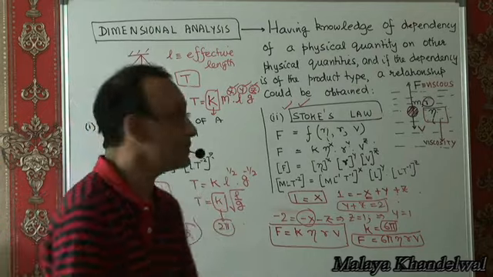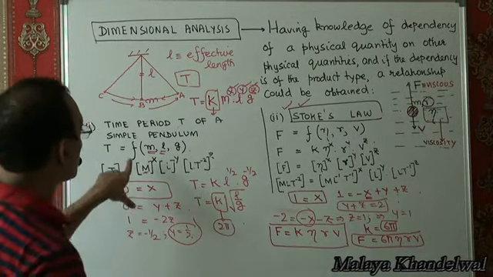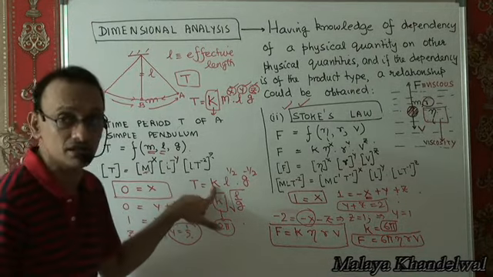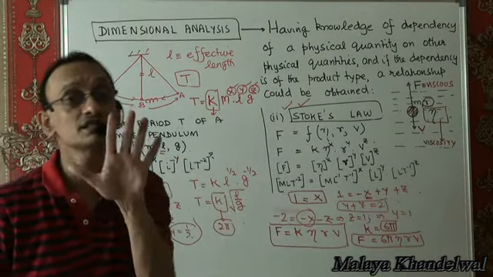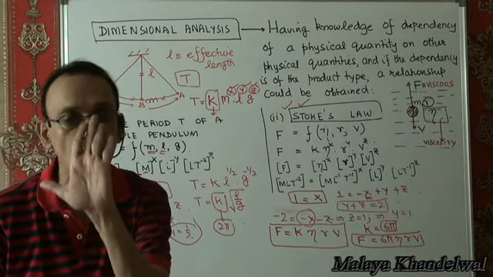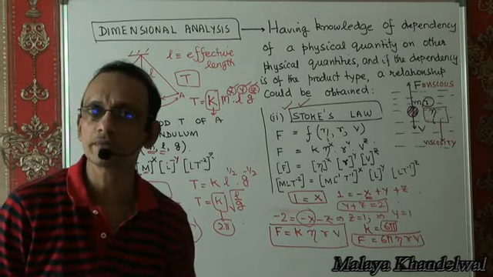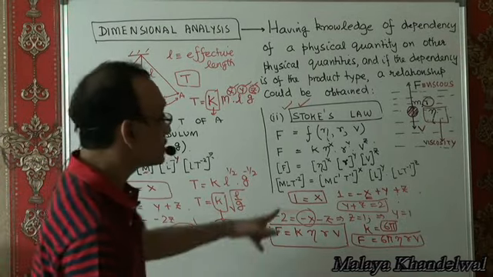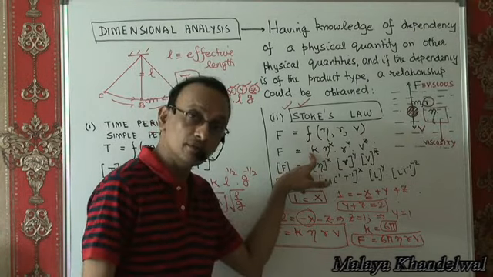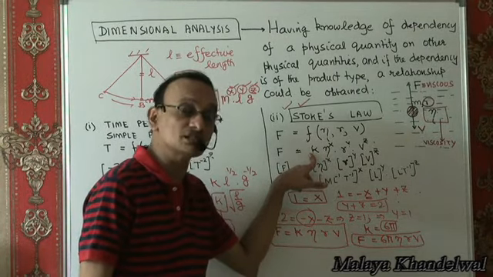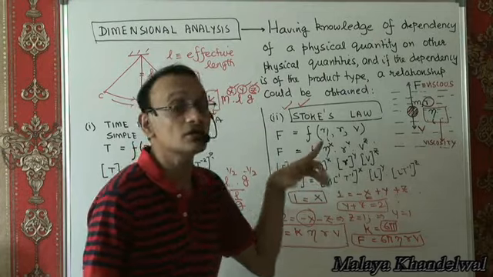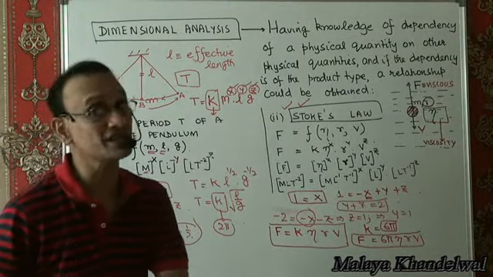Of course, the limitation is that these constants, for example in the time period, this constant k, are not within the purview and jurisdiction of dimensional analysis. This has to be obtained mostly by experiment or some other means. This constant k in the formula for viscous drag cannot be obtained using dimensional analysis. That's a limitation.